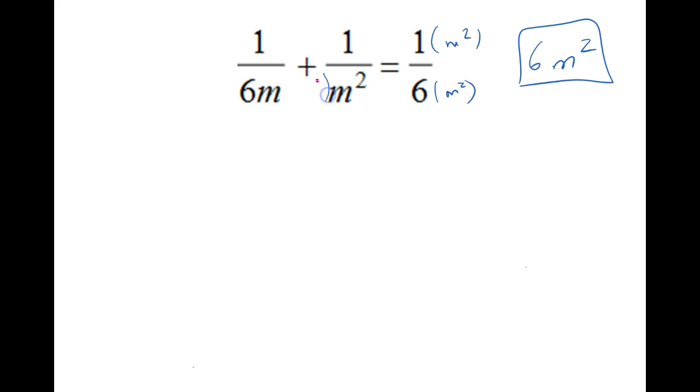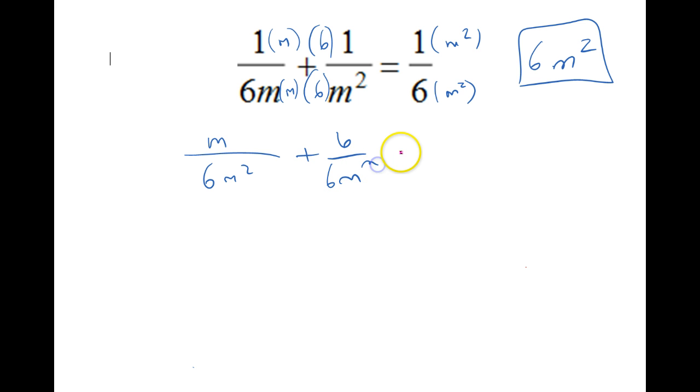I'll know that I need a 6 here, and then on top and bottom I'll have to multiply by another m to get m squared. So now I have m over 6m squared plus 6 over 6m squared equals 1m squared over 6m squared.